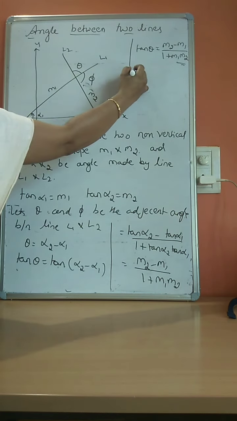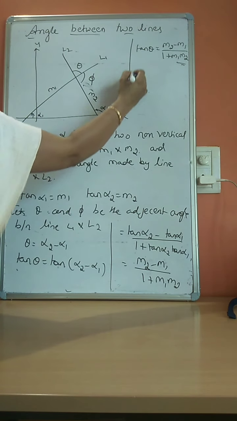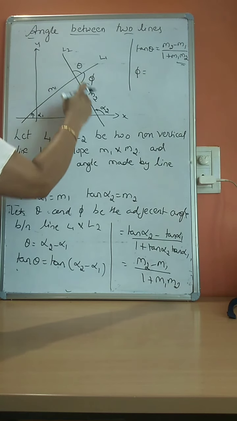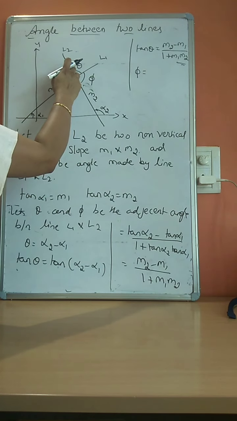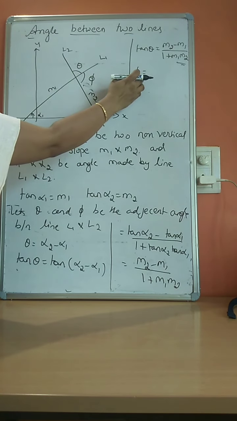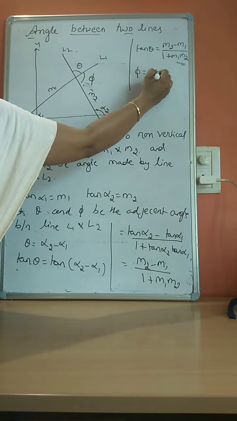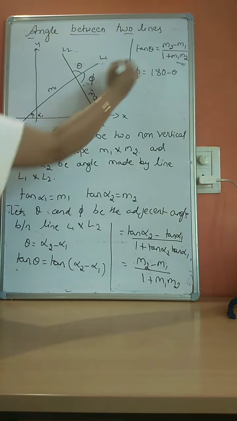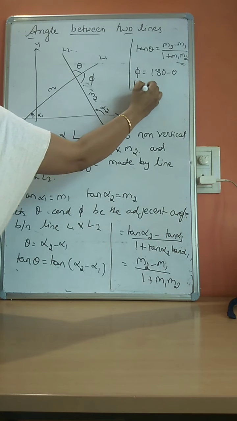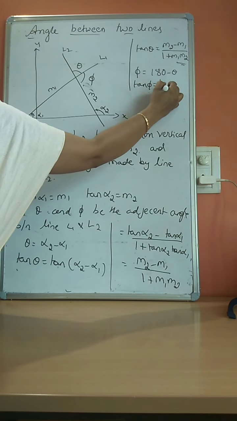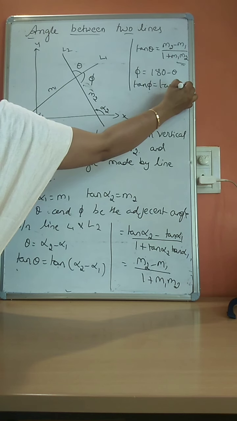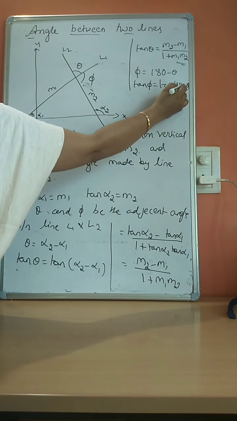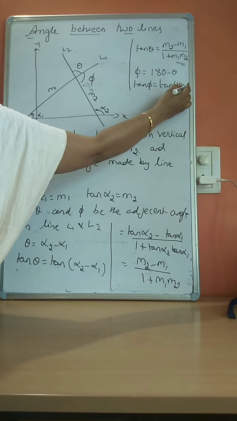What about phi? See, phi must be equal to, observe this first, this is a straight line, it is 180 degrees, right? So phi must be equal to 180 degrees minus theta, that is tan phi must be equal to tan of 180 minus theta. 180 minus theta comes under the second quadrant.